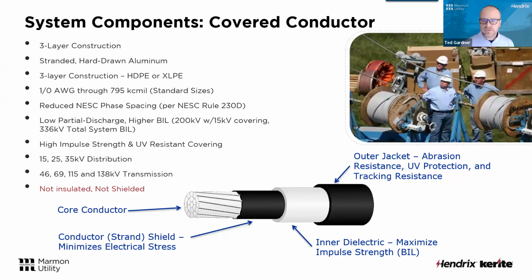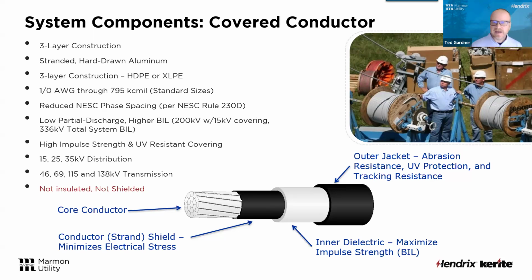Our system voltages start at 15 and go all the way up to 138 kV. It gives you reduced spacing, lower partial discharge, and a higher BIL rating. You'll get about 200 kV just by the covering that's on the conductor itself, and that's our thinnest conductor at 15 kV.